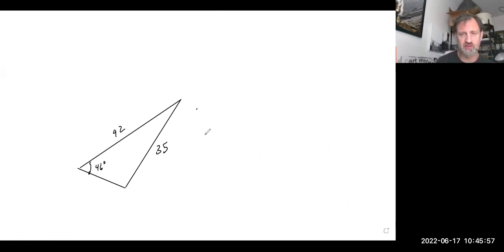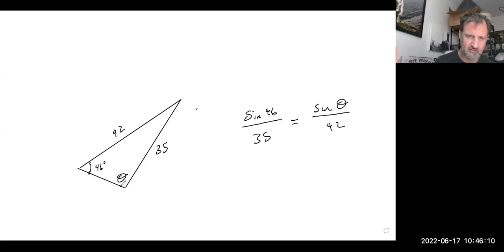But in this one, there is a completed pair, which is that sine 46 is across from the 35. So now I'm going to set up the other side, which is sine of theta over 42. So this angle is across from the 42. This is the one that I can work out. So now I can work out what sine theta would need to be equal to make this work. That would be my first algebraic step.